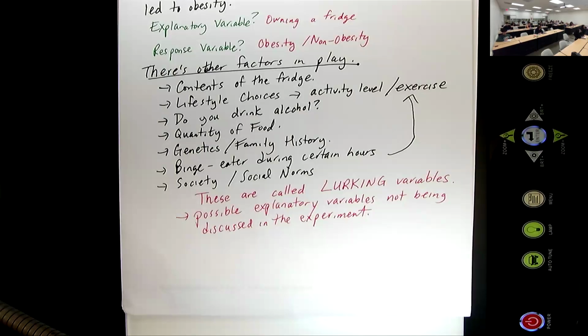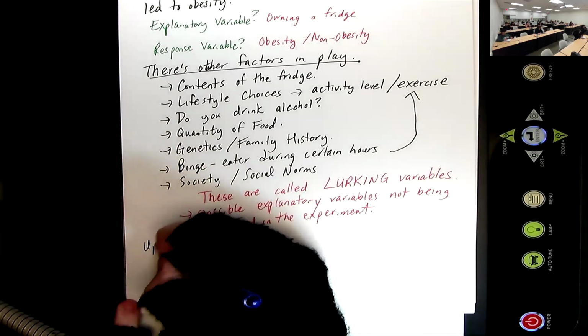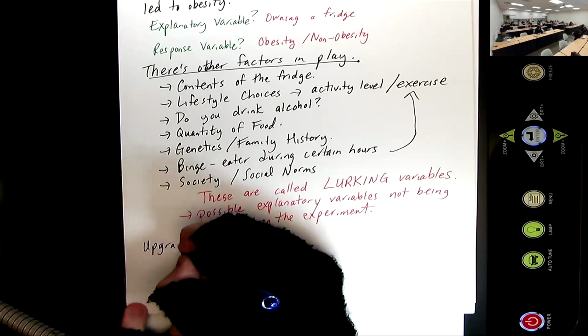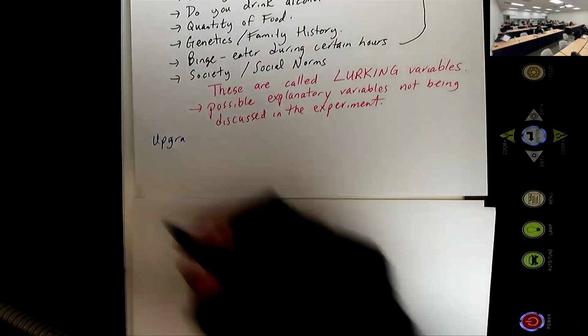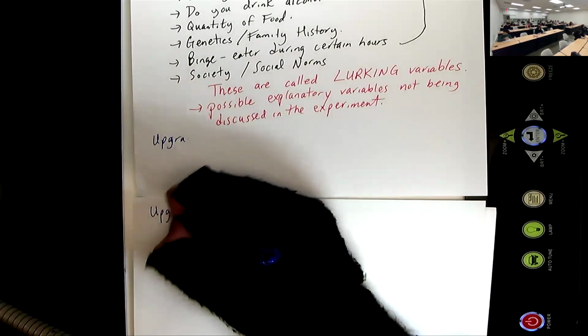So let's say we wanted to make a better survey. Let's say we upgraded the scenario. I only put this on the page, I'm not going to write what I want right here. Upgraded scenario.